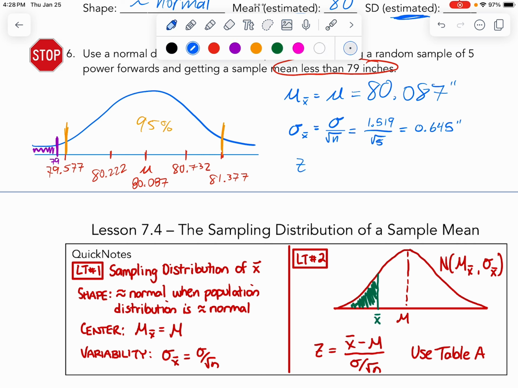So my z-score is my value of 79 minus my average of 80.087 over my standard deviation of 0.645. That is negative 1.62. You could look it up on your green packet.